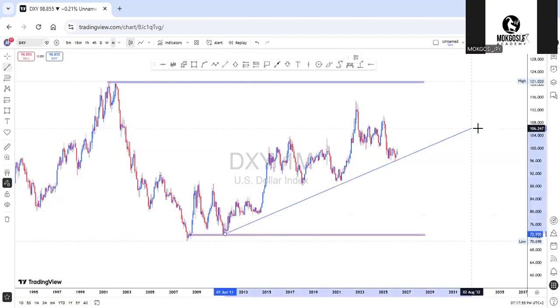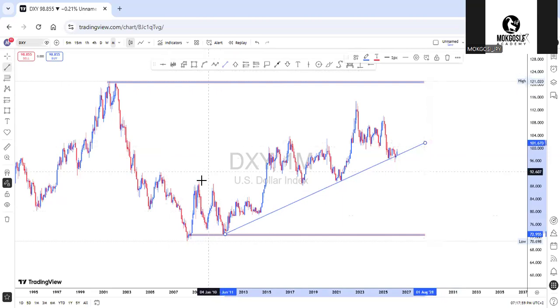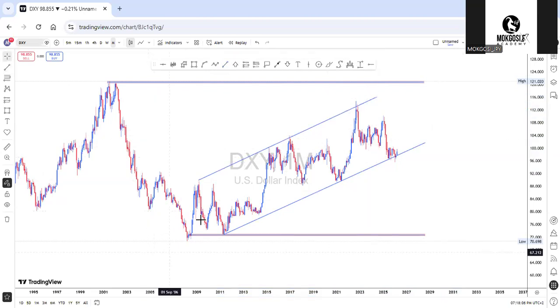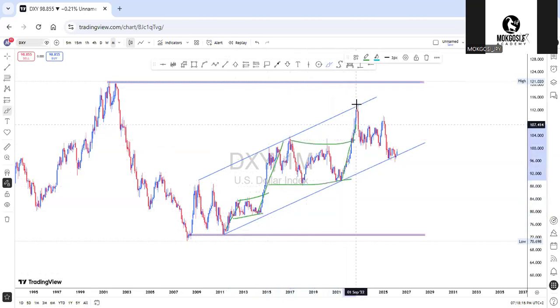We start to realize that we have a trend line here, which is our support trend line, and a trend line here, which is our resistance trend line. The market has been giving us a nature of impulsive followed by corrective, impulsive followed by corrective, and impulsive followed by a deeper correction.